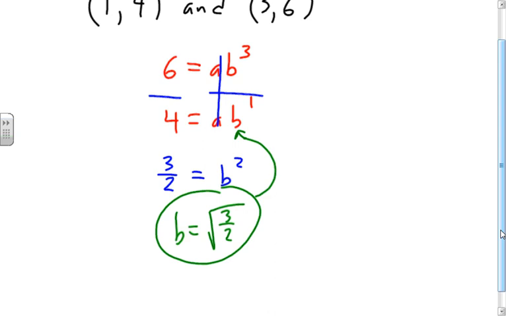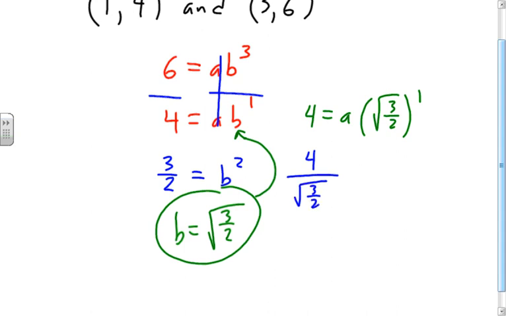So we plug in b here, and we get 4 equals a times the square root of 3/2 to the first. This is great because we have the first power here, so I don't have to worry about doing anything. It just stays as the square root of 3/2. Now I'm going to do 4 divided by the square root of 3/2 equals a.